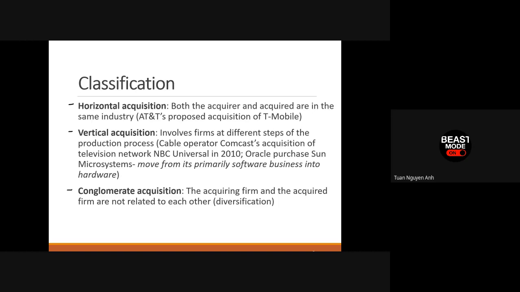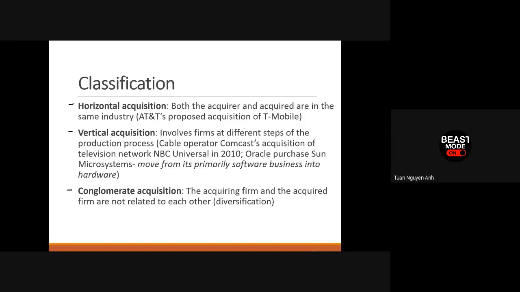So they are expanding the business, expanding into a new market, for example, and they do not do all the business from zero. They just buy a company that is already in that market. Both the acquirer and acquired firm are in the same industry. They're expanding.